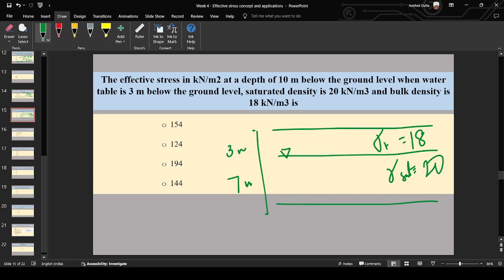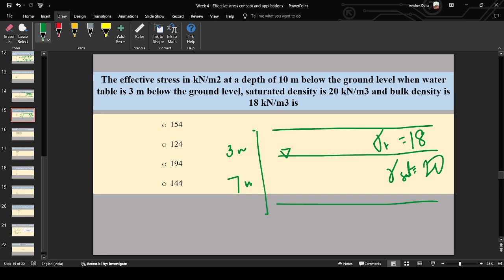Okay, next question. In the capillary fringe, the effective stress is more than total stress, because effective stress is, as I mentioned earlier in the same question, total stress plus U, and here U is negative.